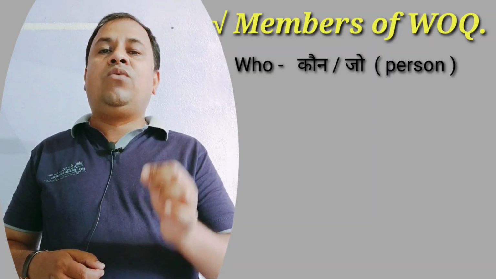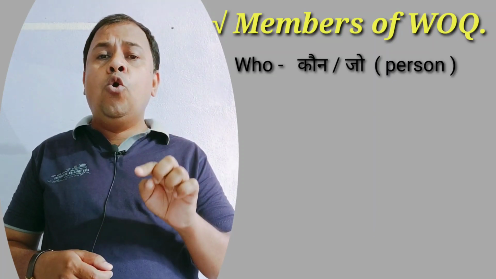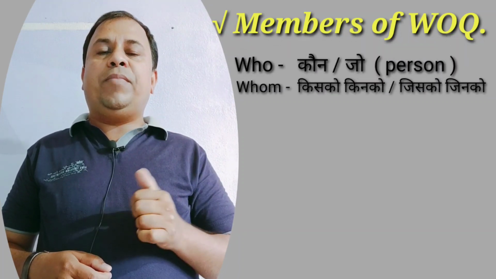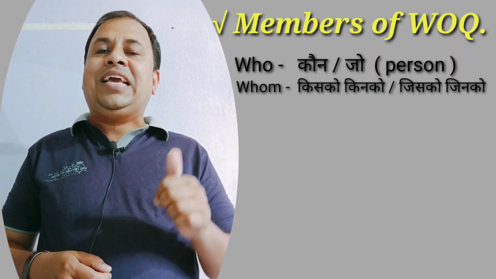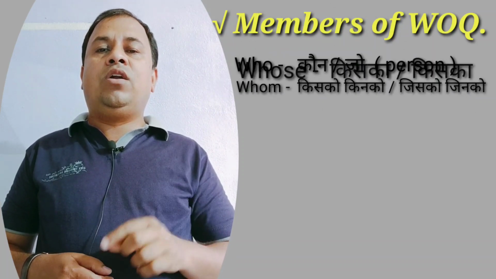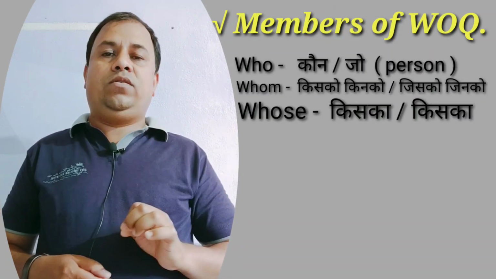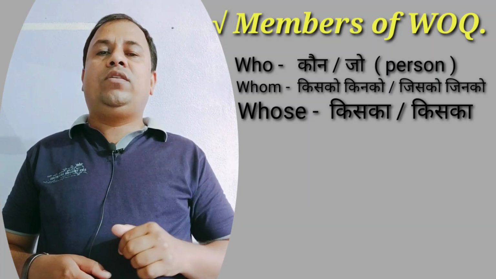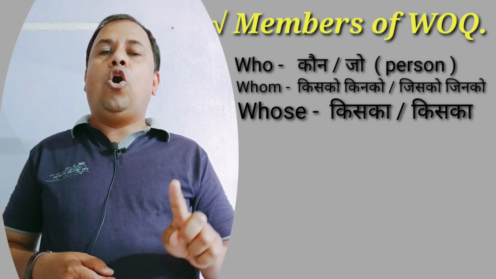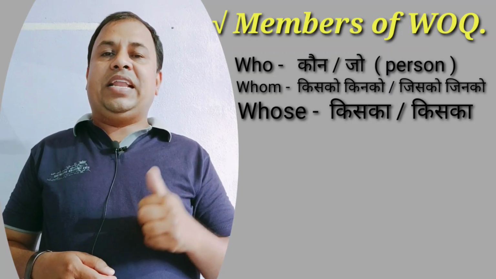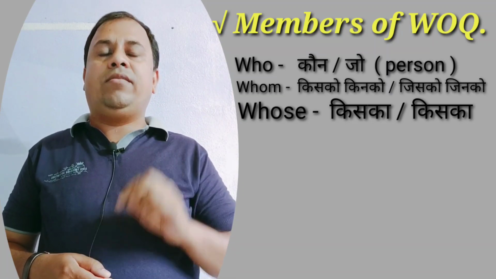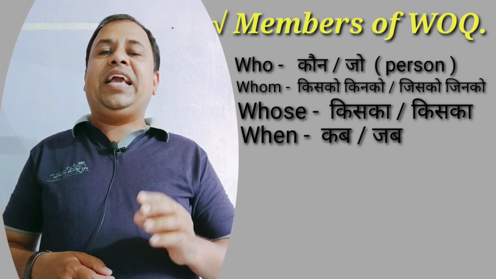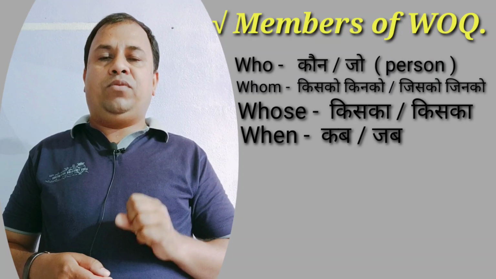The second word is whom, W-H-O-M. The meaning is kisko or kinko. The third word is whose, W-H-O-S-E. The meaning is kiska or kinka. The next word is when. The meaning is kab or jab.